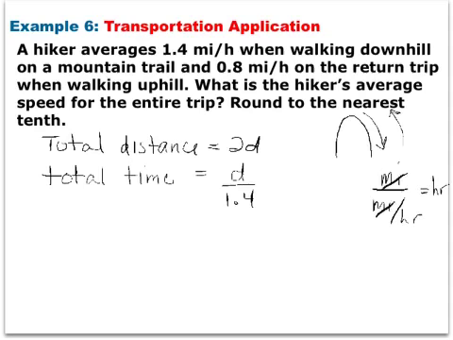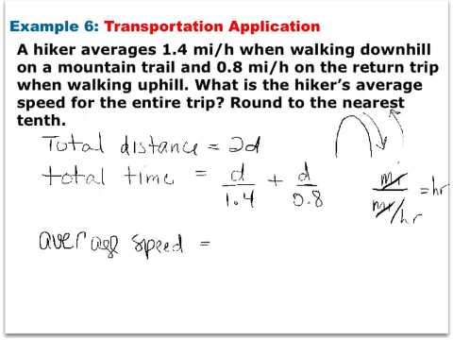Okay, the miles cancel out and the hours are what you're left with. So total time is distance over rate plus distance over rate. Okay, now average speed is distance per time, right? So we have distance per time.